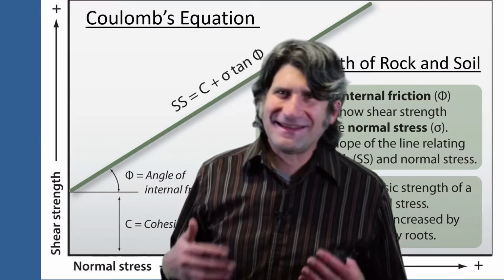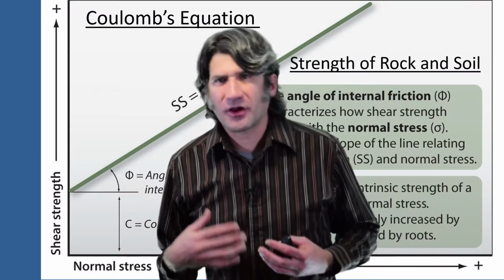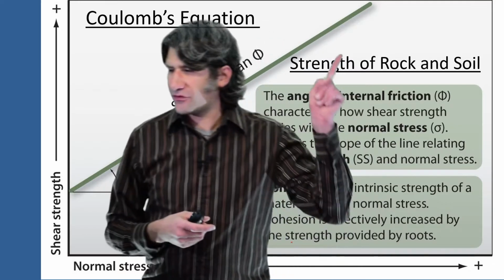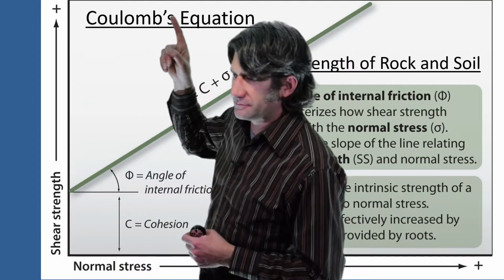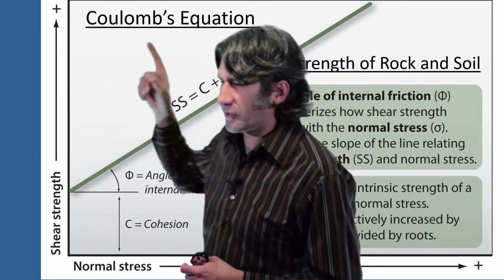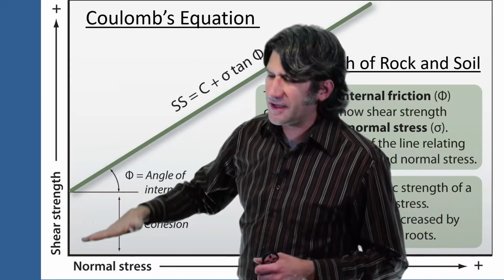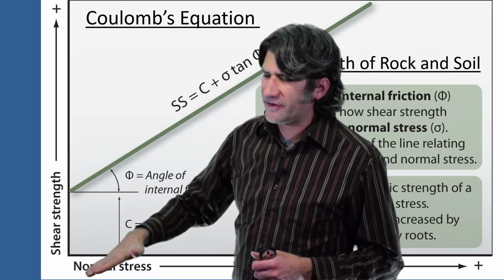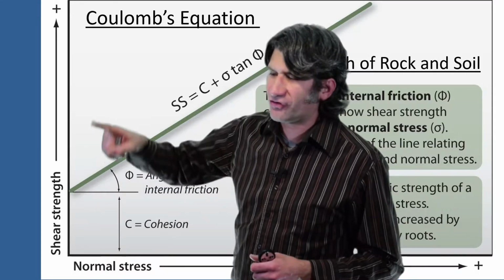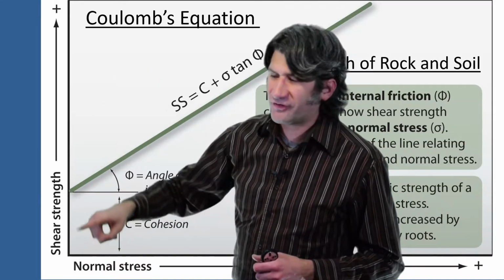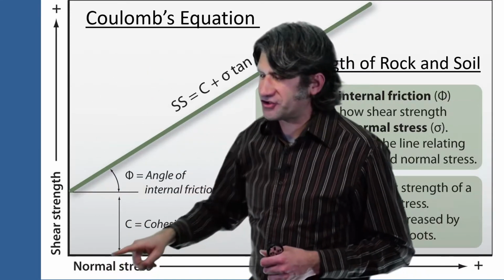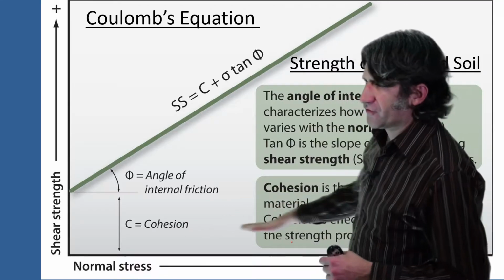Oftentimes, it's easy to understand this by thinking about something called Coulomb's equation. This is Coulomb's equation right here. In Coulomb's equation, we're thinking about the strength of a material, that shear strength, how much it's resisting deformation, as a function of normal stress.